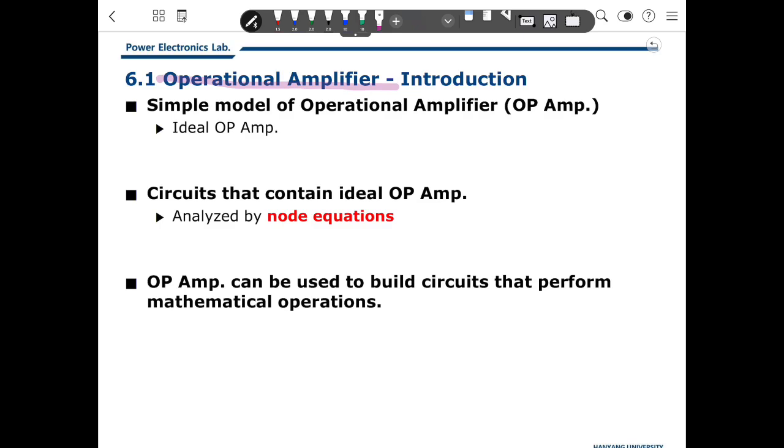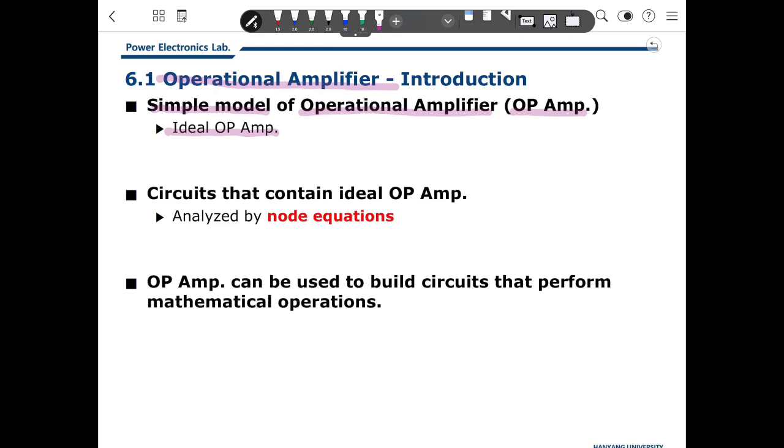In this chapter 6, we will discuss what the operational amplifier is. We call this op-amp. At first, we will discuss the simple model of ideal op-amp. When an electric circuit has an op-amp, what should we do to solve or analyze the circuit?